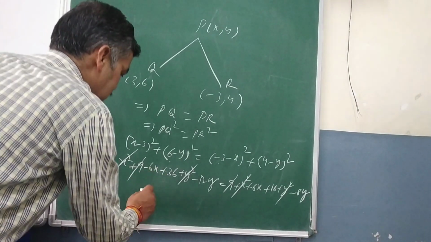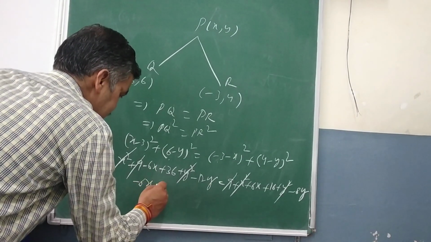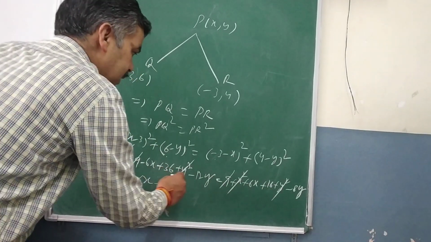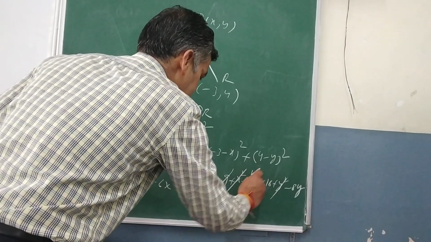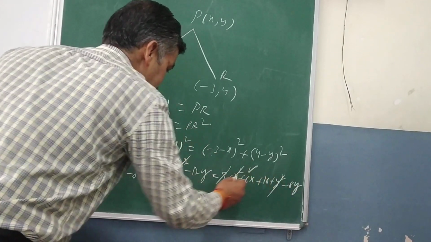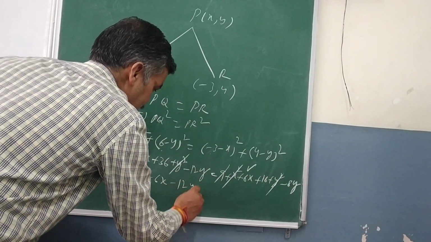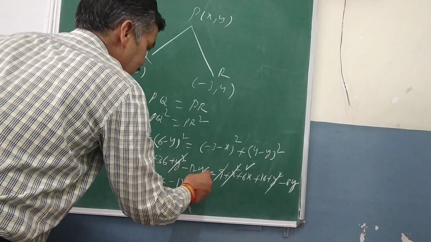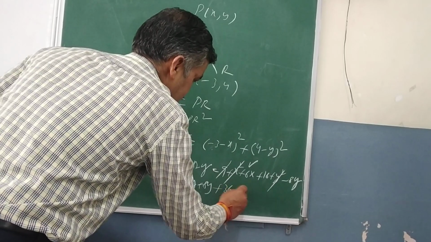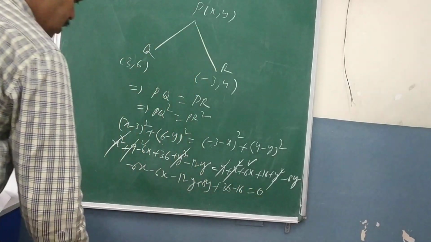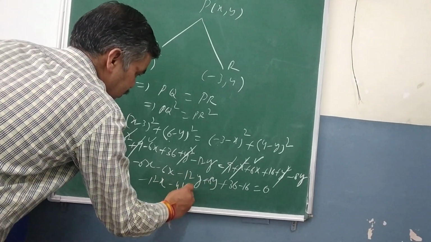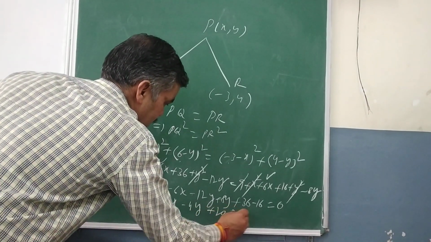Minus 6x, you can shift this minus 6x to this side, plus 36 plus 9 minus 12y plus 8y, and suppose I am taking the constants also to this side, minus 16 is equal to 0. So finally I am getting minus 12x, minus 4y plus 20 is equal to 0.